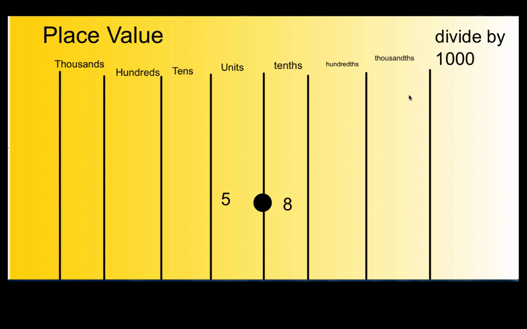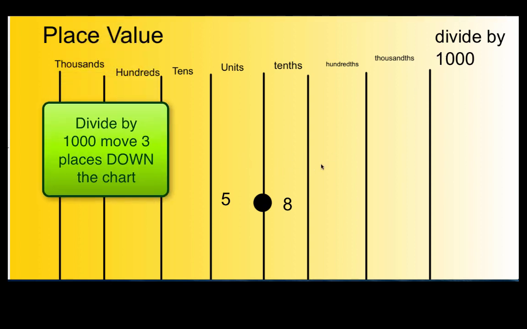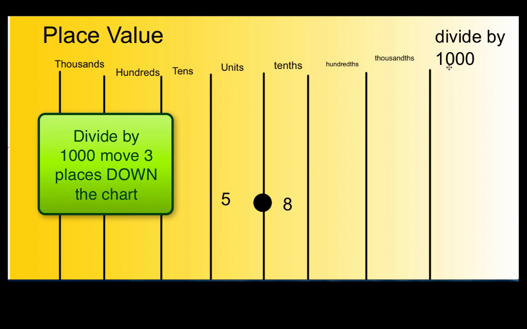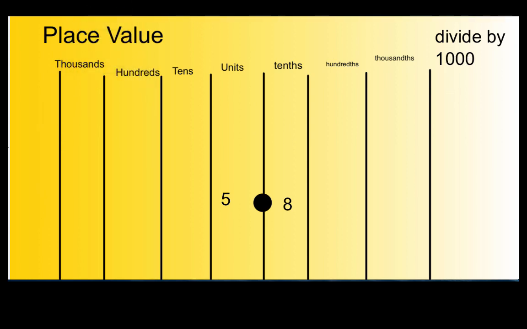So if we're dividing by 1000, well guys, again we're moving down the place value chart. And how many zeros are there? 1, 2, 3. So we're moving down 3 times. So the 8 goes 1, 2, 3. The 5 goes 1, 2, 3.